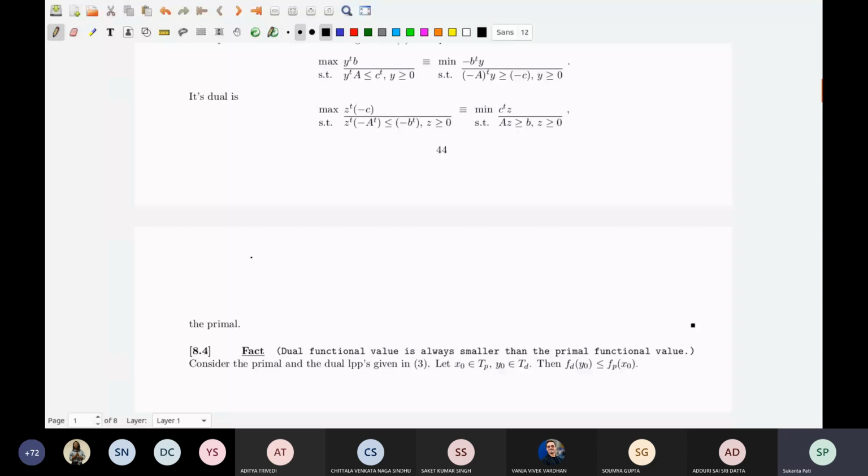So suppose I have y0 belongs to TD and x0 belongs to TP. So x0 is a primal feasible point, y0 is a dual feasible point. Then it says FD(y0). FD(y0) is what? Now this is equal to y0 transpose b.